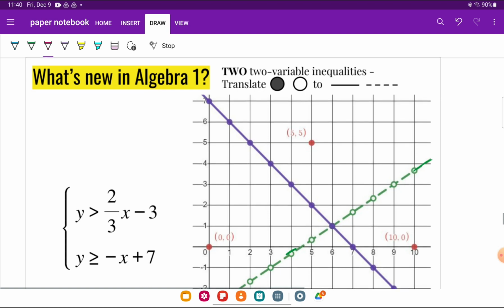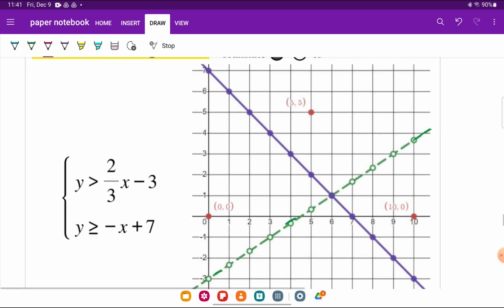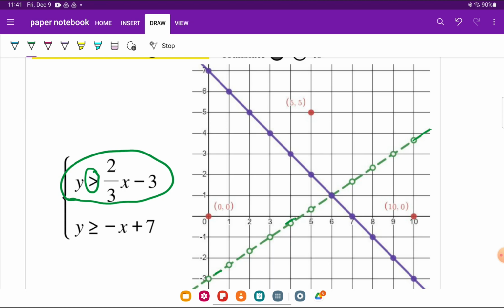We will also do this with systems. And here we want to know where they overlap, right? Where both are true. So if I start, it's greater than, so the line is dashed. And y is greater, so if I'm standing on my line, we're moving up.